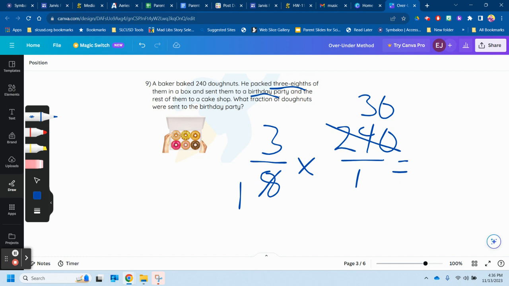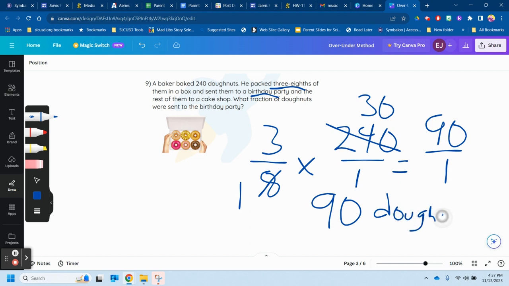So 3 times 30 is 90. 90 ones. So he sent 90 donuts to the birthday party. 90 donuts. And they didn't ask how many he sent to the cake shop, so I don't need to write it. 90 donuts to the birthday party.